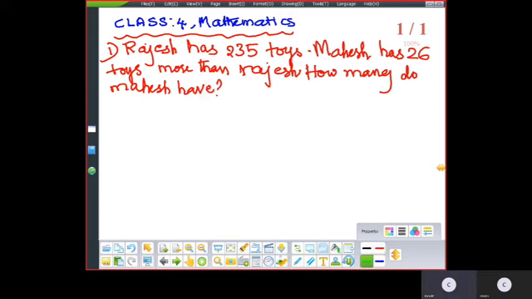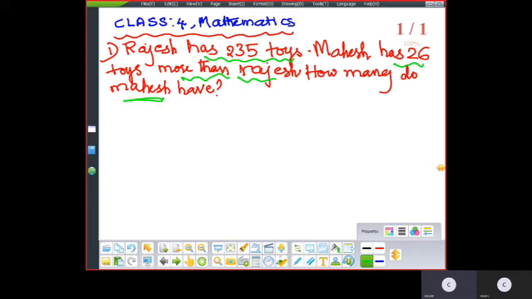So firstly, children, let us understand the question and identify the keywords. Rajesh has 235 toys. And Mahesh is having 26 toys more than Rajesh. So how many toys does Mahesh have, you have to find out.